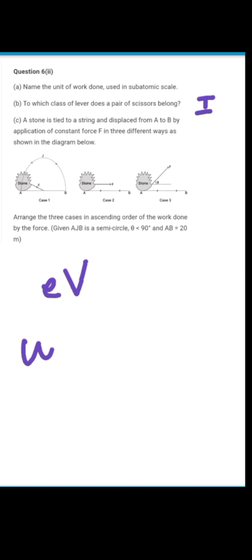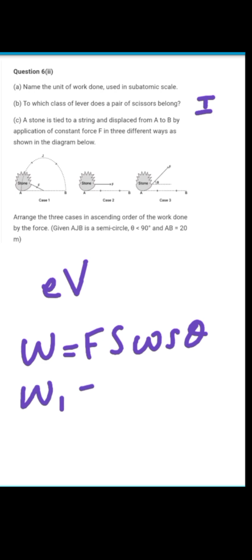We know the formula of work is Fs cos theta. Okay, and what is this cos theta? The angle between the force and the displacement. So in the first case, let me write it as work 1, Fs cos theta. Now what is the value of theta in the first question? Theta is the angle between the force and the displacement.